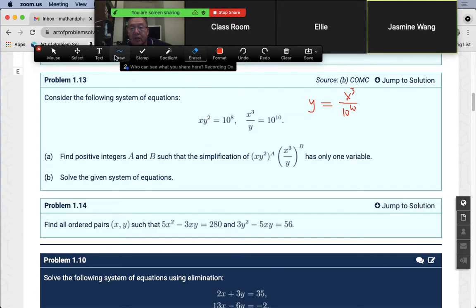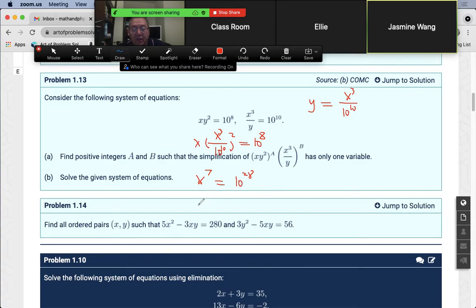Let me write: x times x power 3 over 10 power 10, then this one squared equals 10 power 8. So then we can write x power 6 times x power 7, then this will be 10 power 20, right? 10 power 20, then multiply both sides, you get 10 power 20 times 10 power 8, that's 10 power 28.